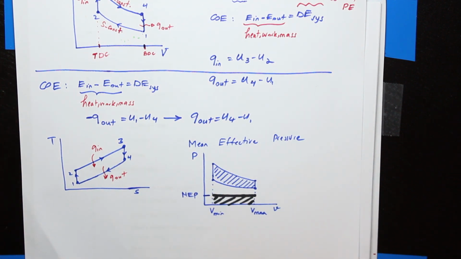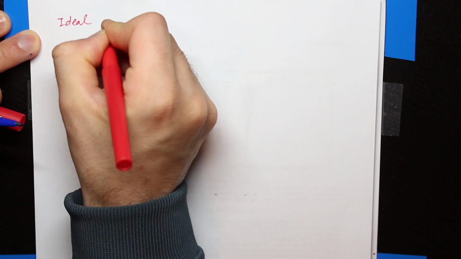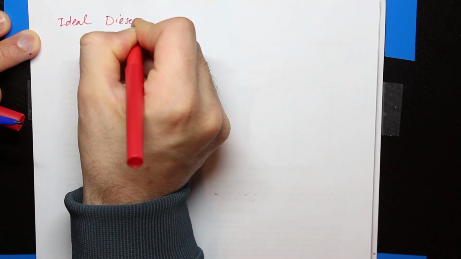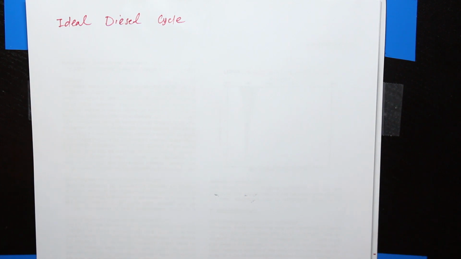Okay, so the next cycle I want to review is the ideal diesel cycle. In the ideal diesel cycle, the cycle looks similar to the Otto cycle.